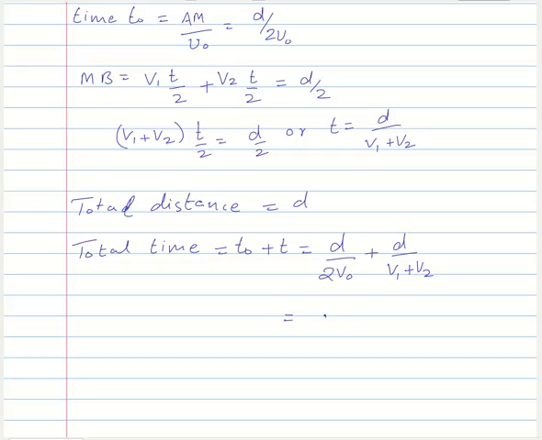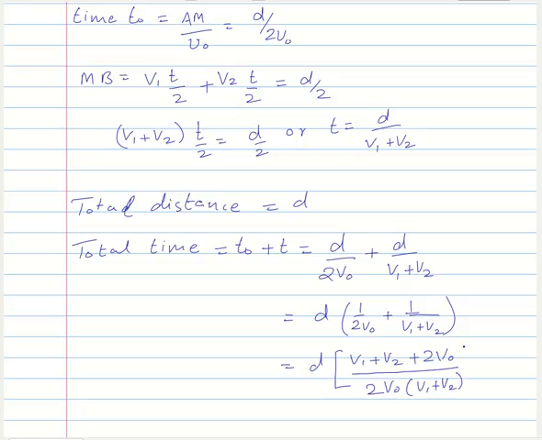We take the d outside, we get 1 by 2 v naught plus 1 by v1 plus v2, which is d times v1 plus v2 plus 2 v naught divided by 2 v naught times v1 plus v2. I'm just taking the LCM and adding it up.